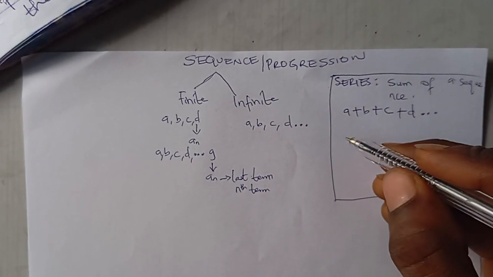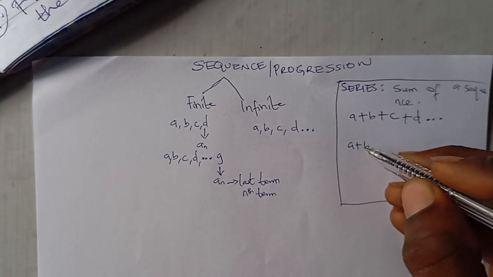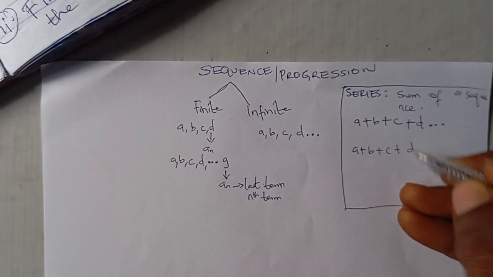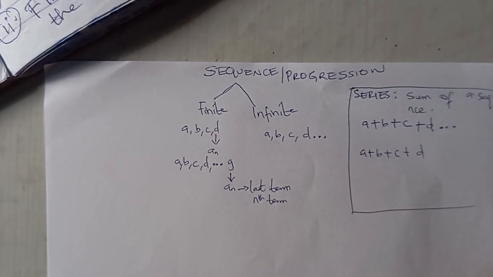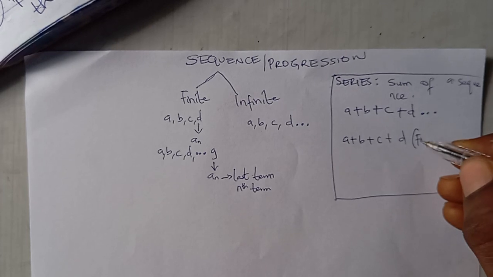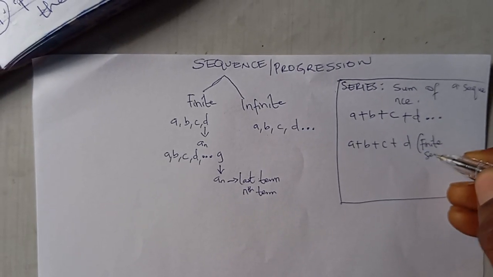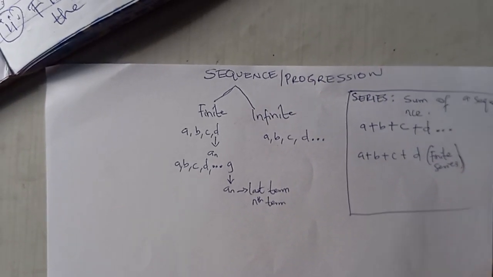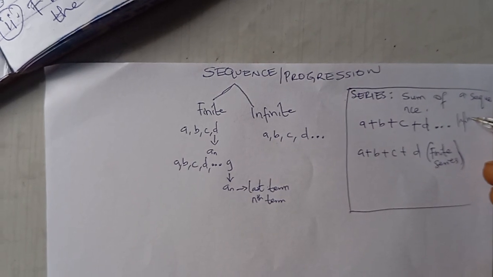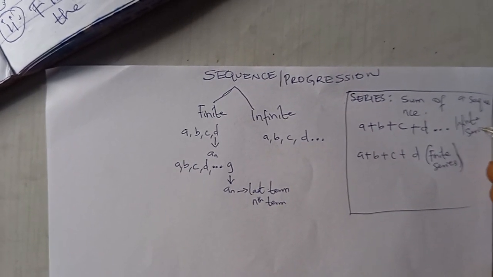Then if I see A plus B plus C plus D, this is a finite series. So we have finite series and infinite series.